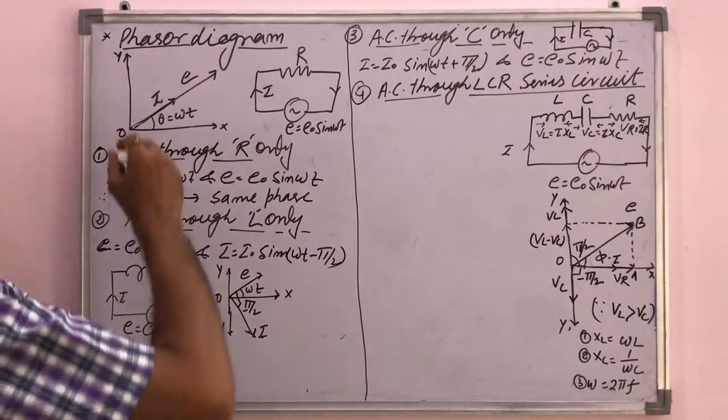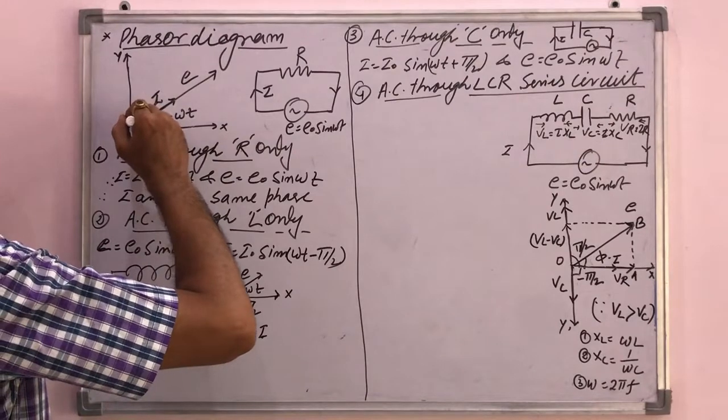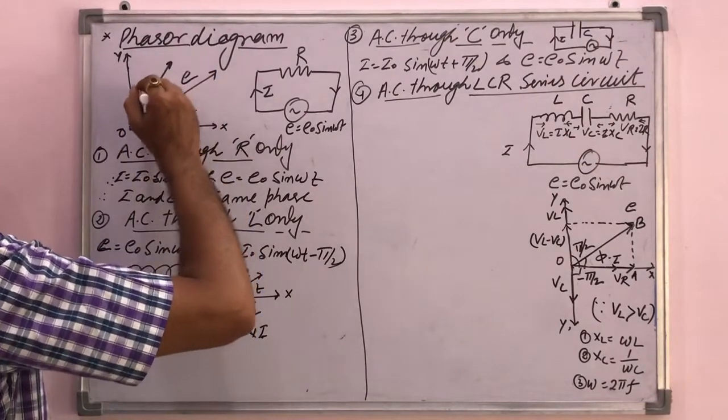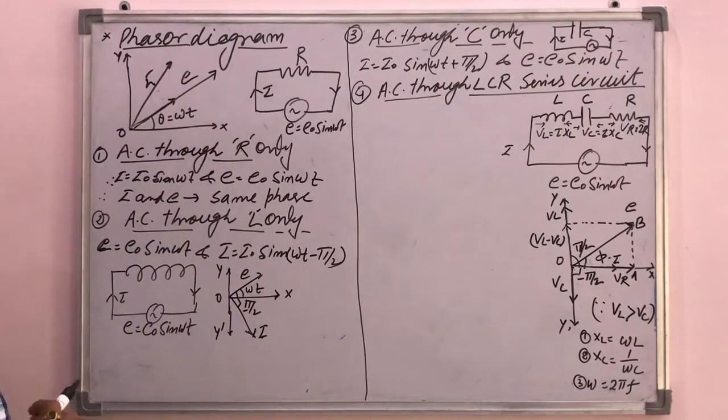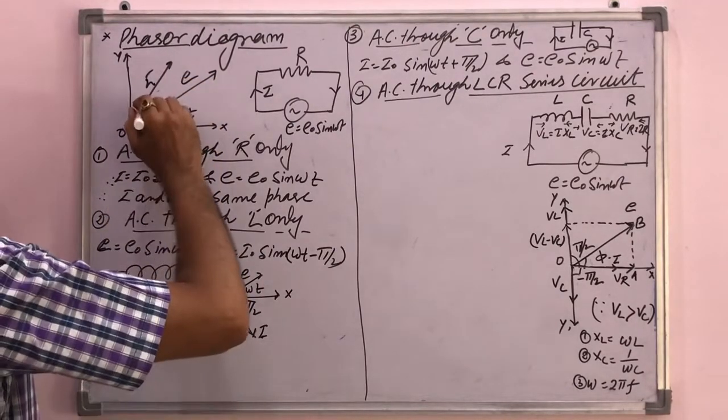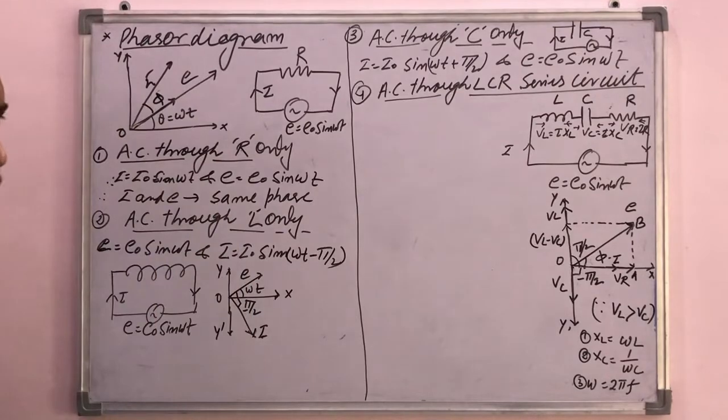But if they have some angle, suppose another vector is drawn here, say vector I, and the lower vector is vector E. Suppose the angle between them is equal to phi. This phi is known as the phase angle.